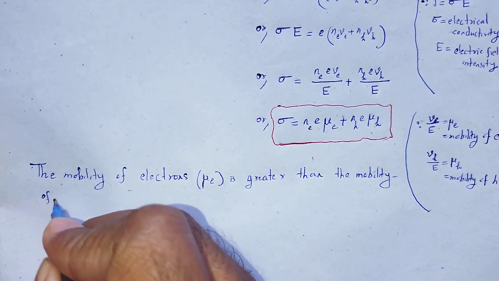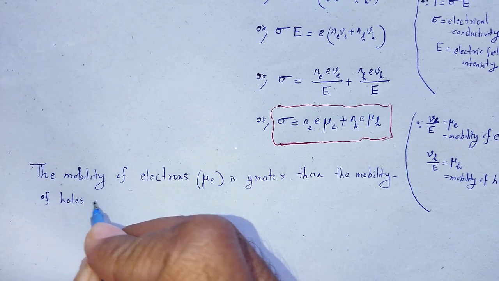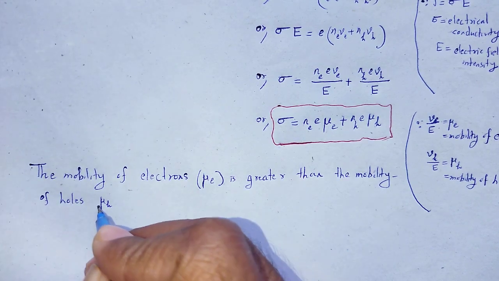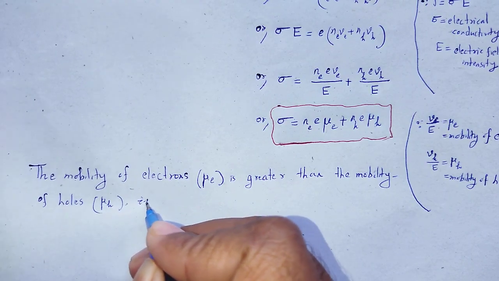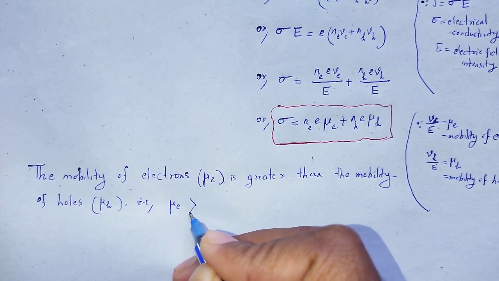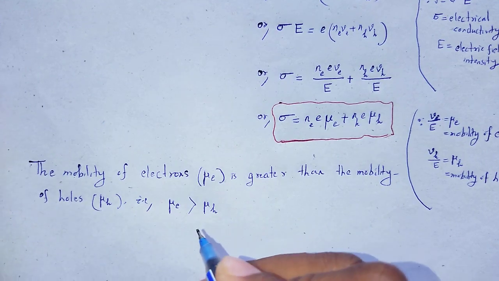The mobility of holes is mu of H, that is mu of E is greater than mu of H.